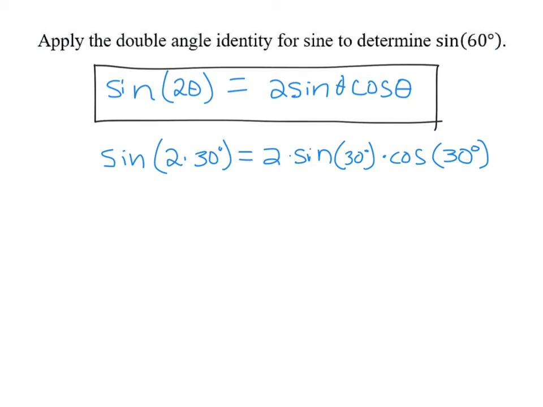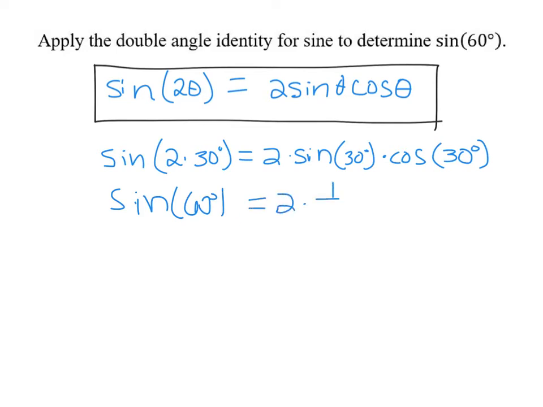Okay, so let's see if we can verify this identity with our example we were using before. So we're going to let theta be 30 degrees. Let's see if the sine of 60 degrees, that's what we have on the left-hand side, is equal to 2 times the sine of 30.